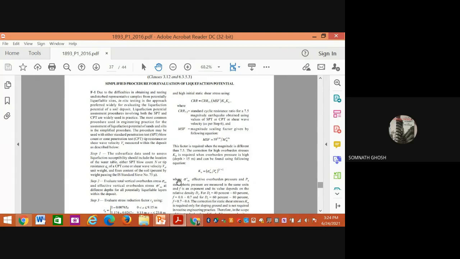So I'm going through this slowly. Don't worry. This is not a very complicated method, very easy method, right? And whatever values are required, those are available here. So one can find out factors even without knowing soil mechanics much.